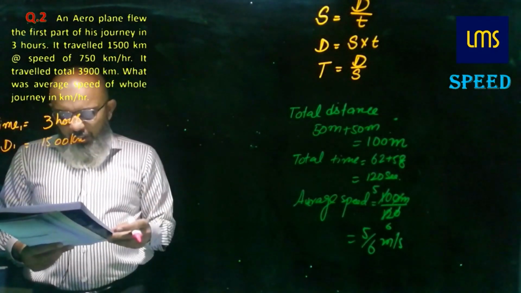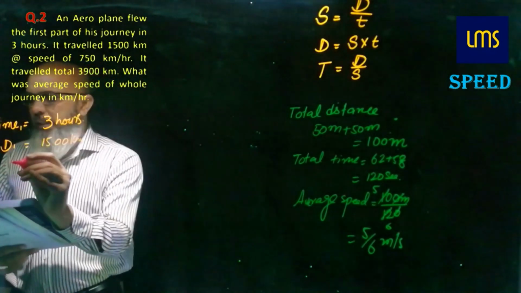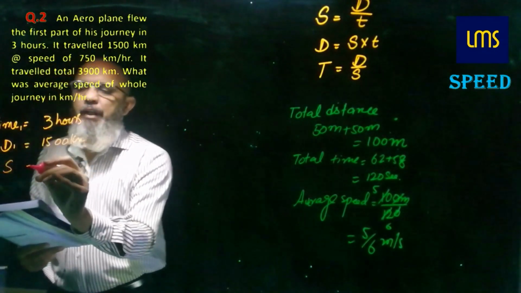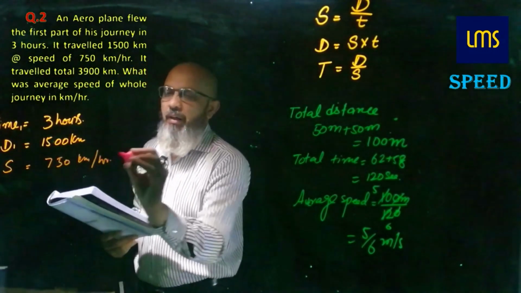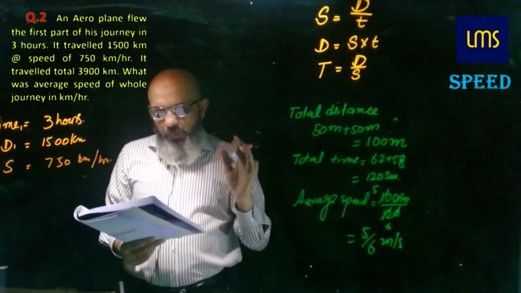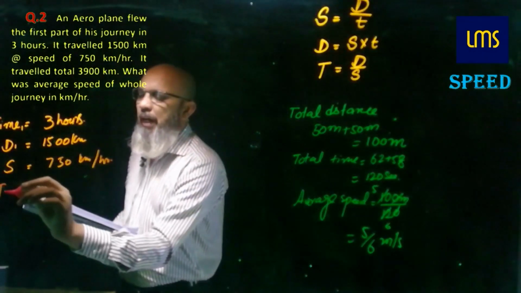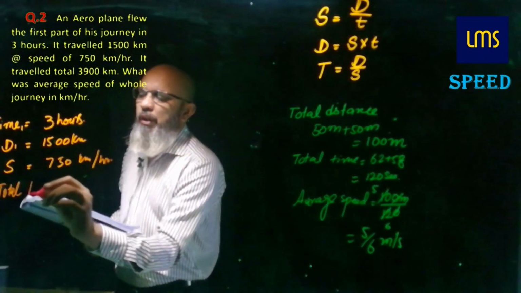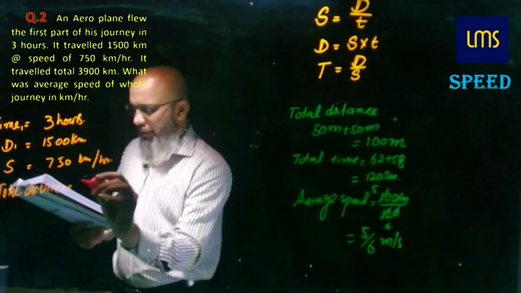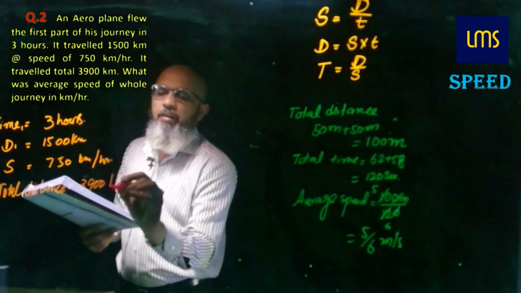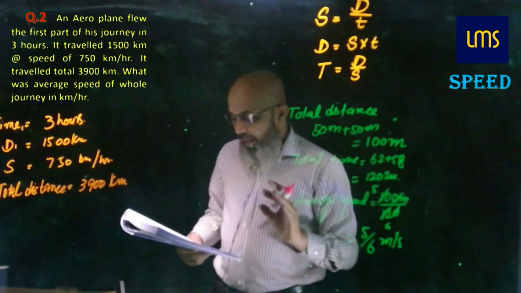Next is the speed of 750 kilometers per hour. So now the aeroplane traveled a total distance, that is 3900 kilometers. So now find its average speed.